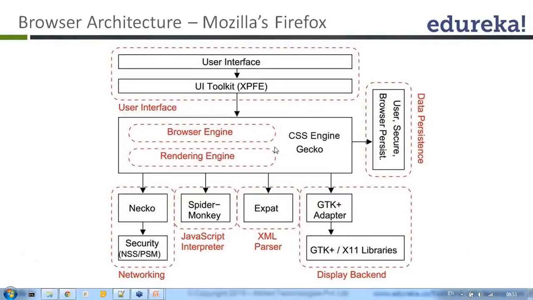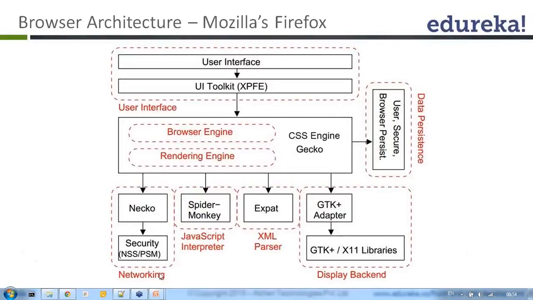As a specific case, for the Mozilla Firefox browser, the ones with black text and black rectangles are the actual modules present in Mozilla Firefox. Note that the user interface from the reference architecture has been implemented as 2 modules. For example, the browser and rendering engine in Mozilla Firefox is called the Gecko engine.